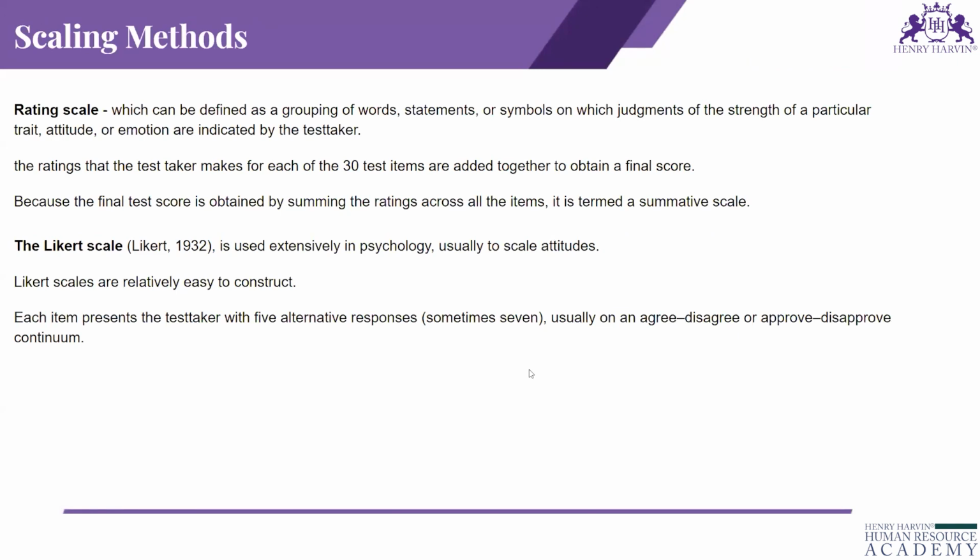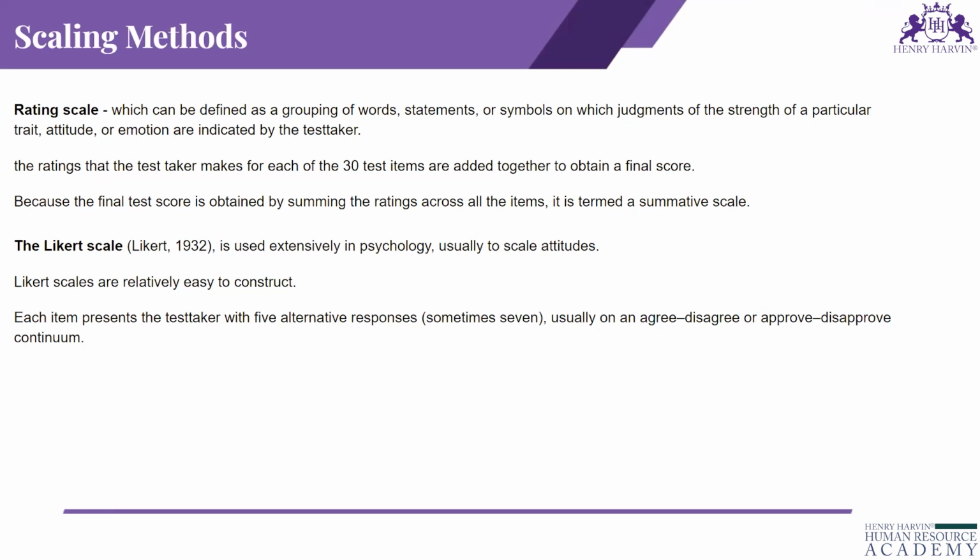There can be different scaling methods. So one can be the rating scale, where we are giving the ratings. The ratings that the test taker makes for each of the 30 test items are added together to obtain a final score. If there are 30 items, you understand the items, what exactly are items? The questions or the statements which will be there, they'll be known as the items.